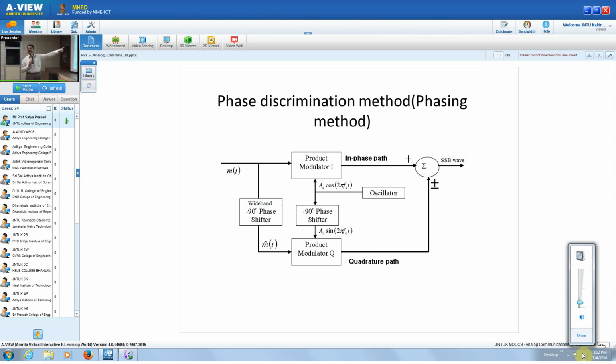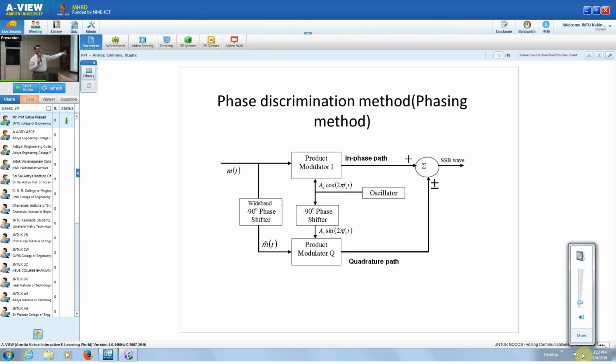Whereas if you have a plus, then that gives you an LSB signal. So this is how we will be having a phase discrimination method of generating your SSB signal, right?